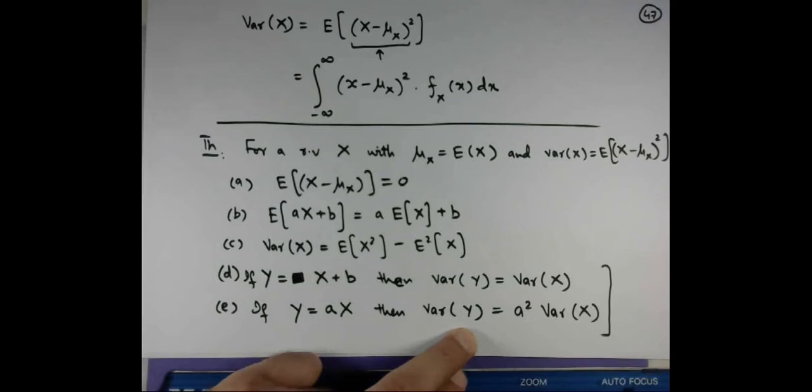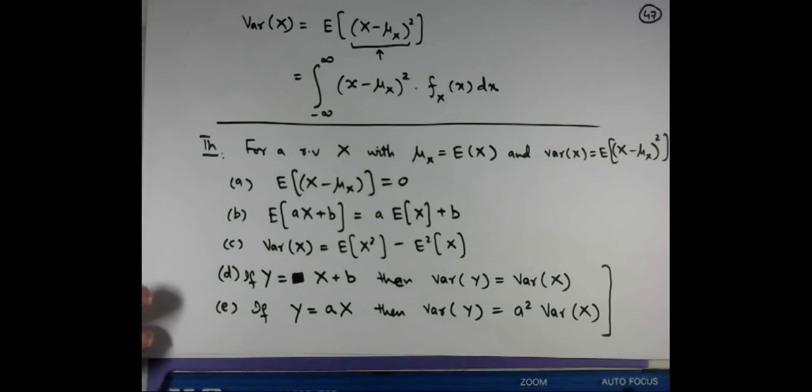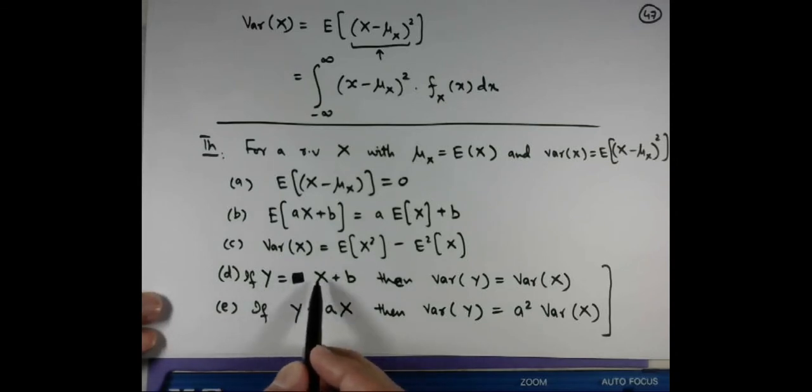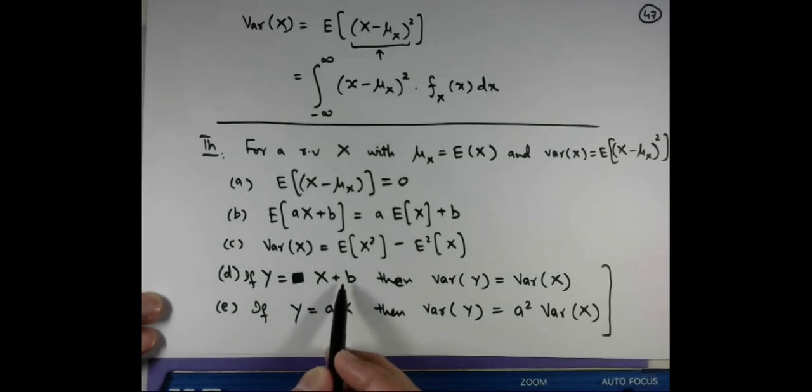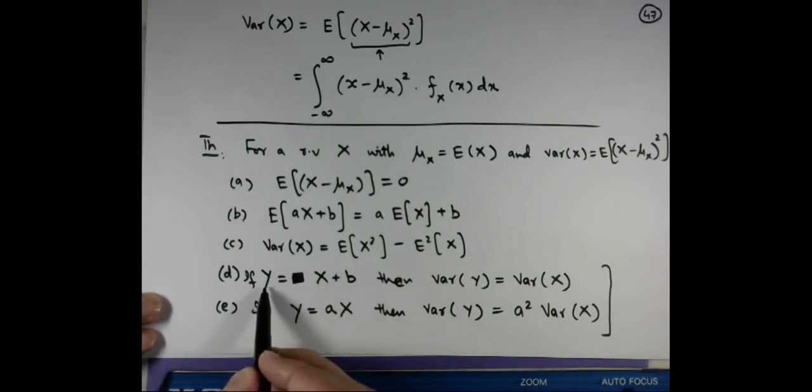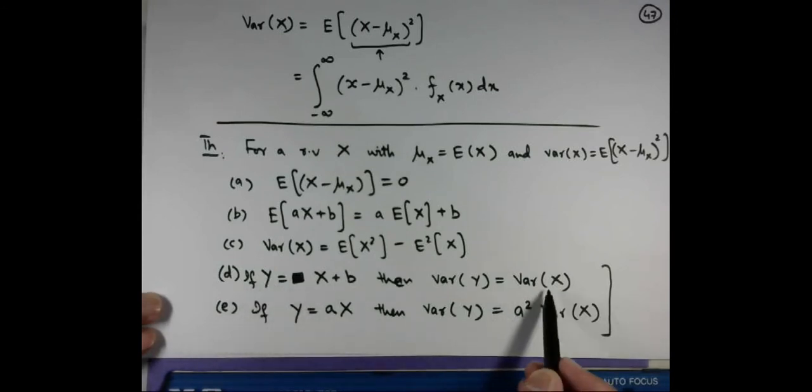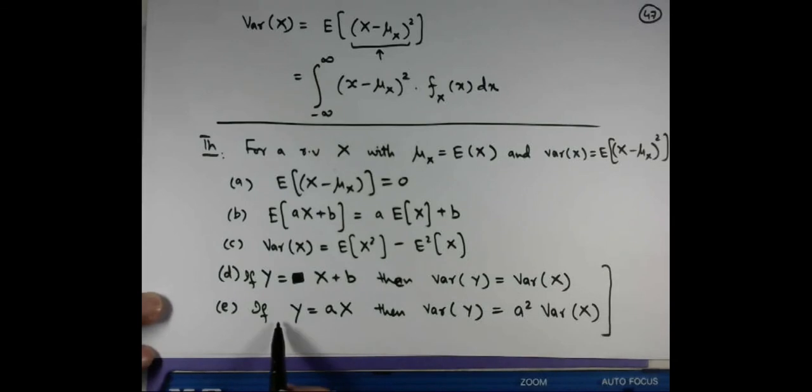So if you see these two relations together, you will note that if you shift a random variable by b and obtain a derived random variable y, the variance of y is exactly equal to the variance of x. But if you scale a random variable x with some number a, then the variance of this derived random variable is equal to a square times variance of x. So the magnitude of variance will depend on the value of the scalar.